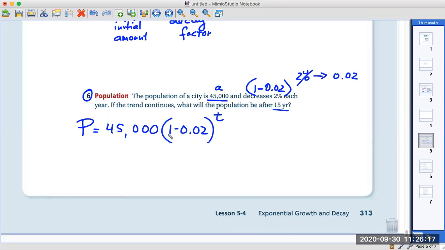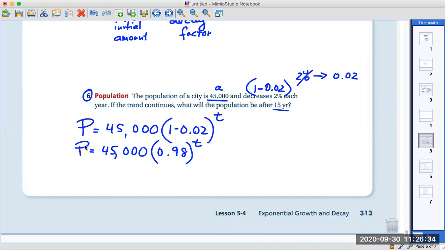So now I'm going to subtract this from 1. I want to make my parentheses just one number. And that's that number. And there's my equation.